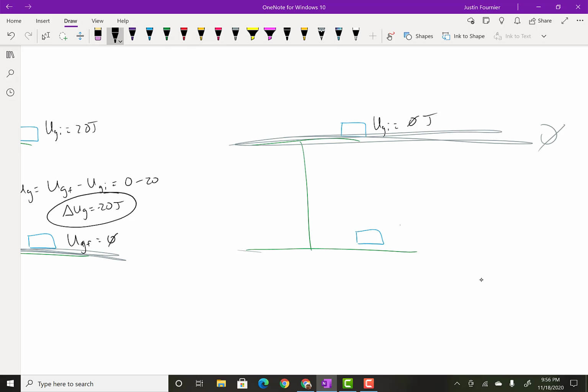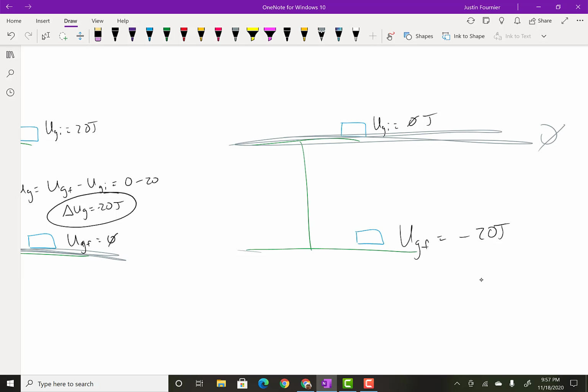Where if I look then at the final gravitational potential energy, where the cell phone ends up, well, that's below my zero mark, so it's going to be negative 20 joules. It's the same way that if I got 20 degrees below 0, that's negative 20 degrees, Celsius or whatever.